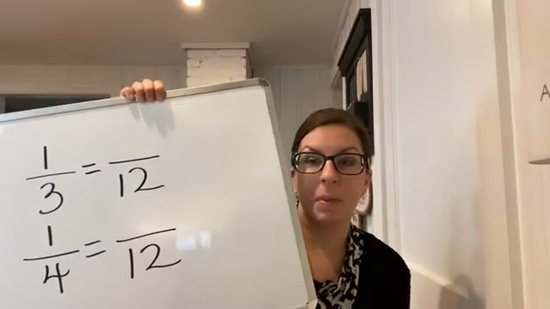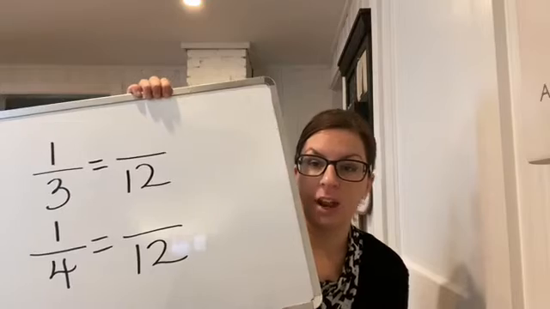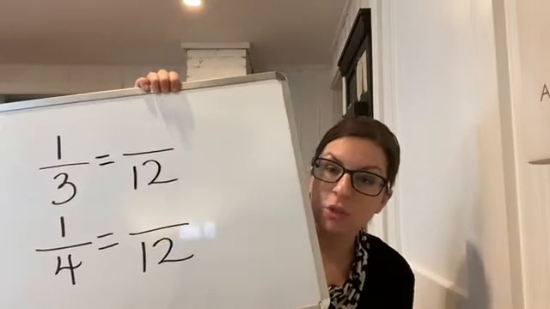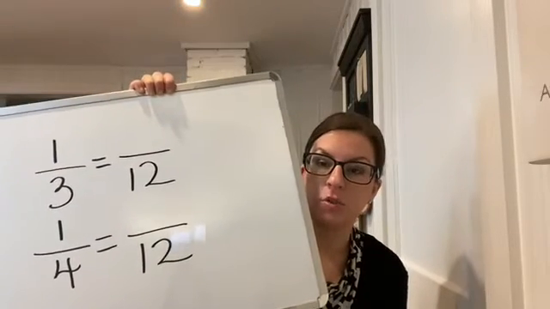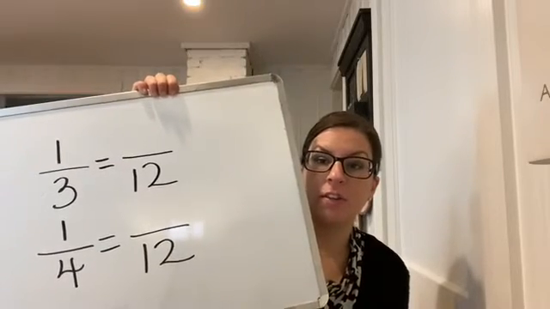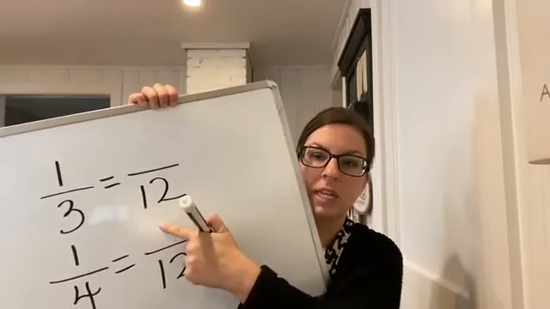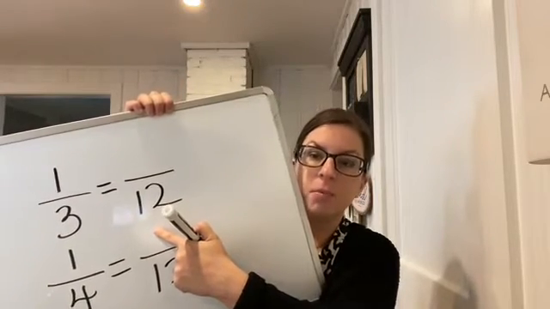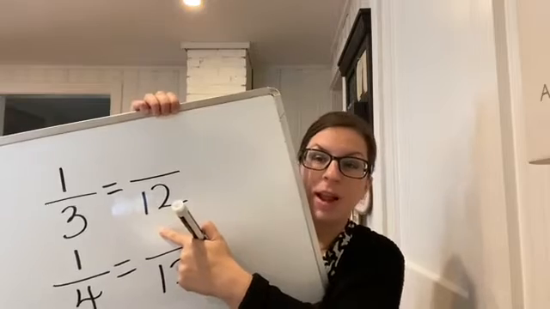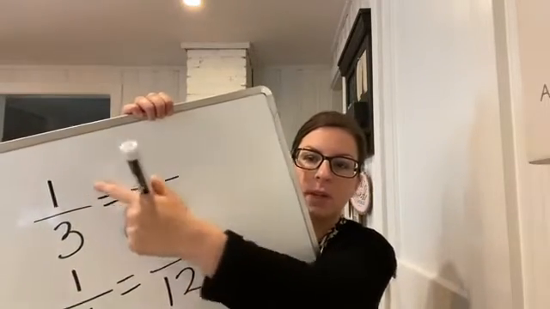Now, remember, whenever you are making an equivalent fraction, you have to do the same thing to the top as you do to the bottom, okay? So let's do 1/3 first. What did I do to 3 in order to get 12? Multiply it by 4. So I have to multiply the numerator by 4 also. So 1 times 4 is 4.